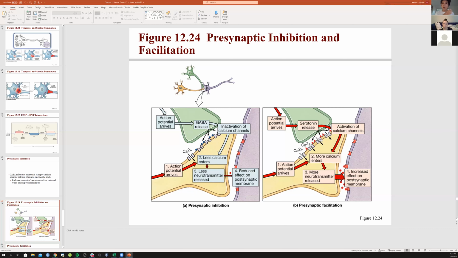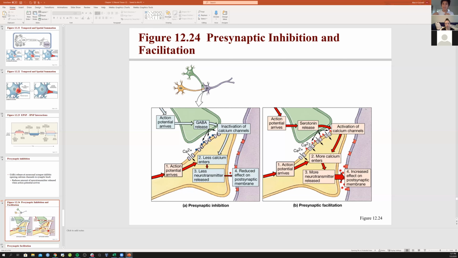now we're learning that can also happen at the level of the axonal endings. And once again, this could be excitatory or inhibitory. It will make the signal more positive, it will make the interior of the cell more positive, or it will make it more negative.